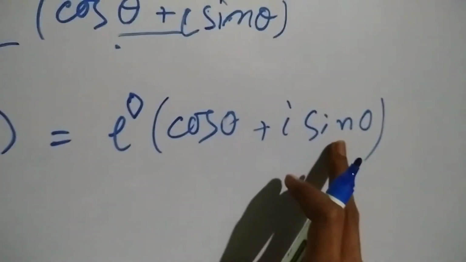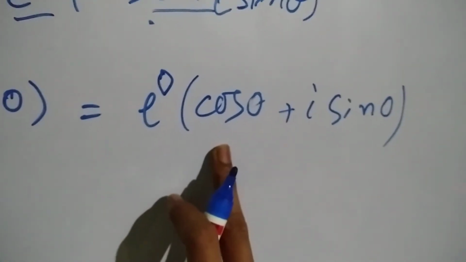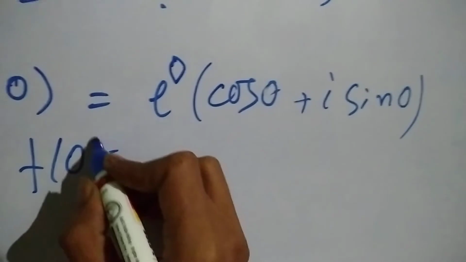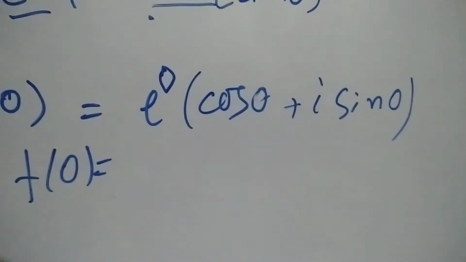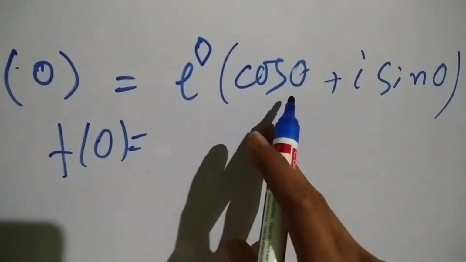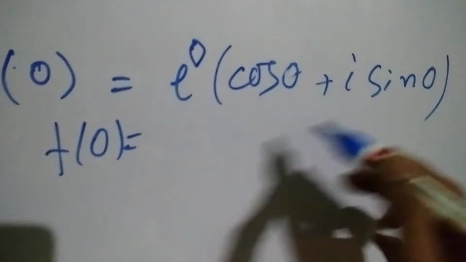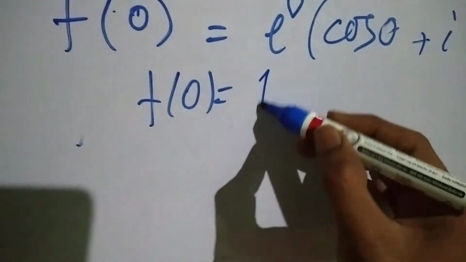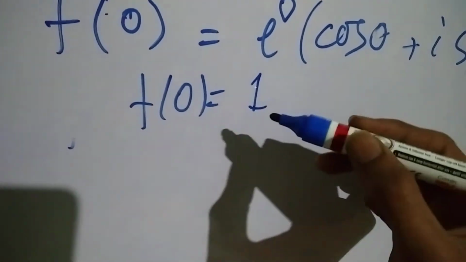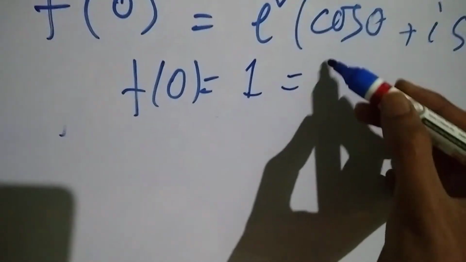As you know, sin 0 is 0 and the value of cos 0 is, give me a second, sorry, the value of cos 0 is 1. So this term is going to be 1 and this is 0, so f(0) is equal to 1, which, as we previously said, is k, the constant for all values of theta. So this is the value of k.